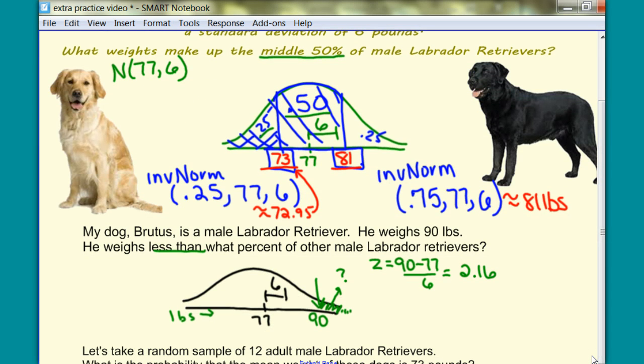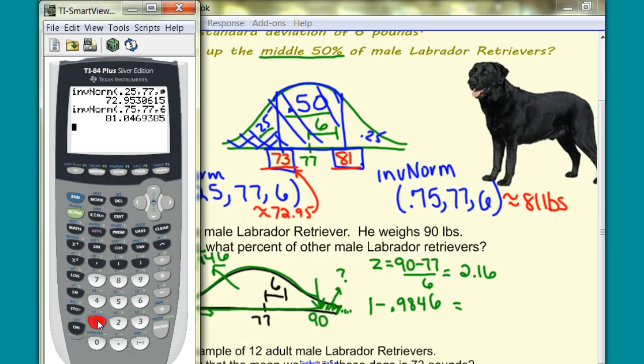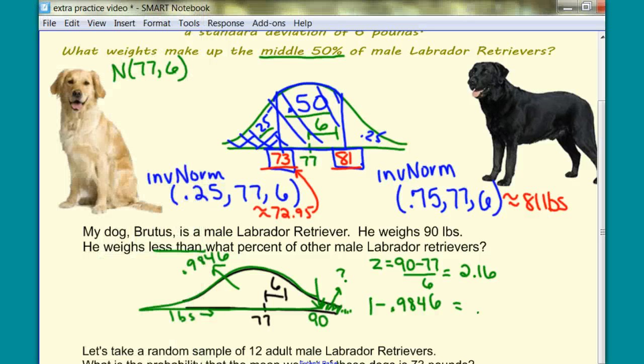Could that area possibly be 98.46? No, because the area on the chart is the area to the left of 90. This area is 98.46. If that area is 98.46, the area that I'm looking for is 1 minus 0.9846, which is 0.0154.